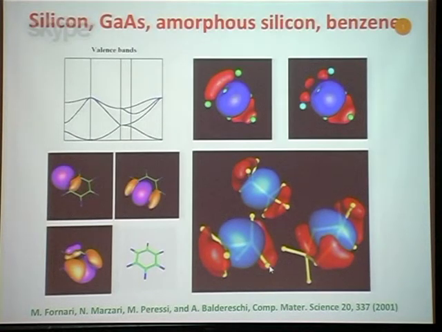And if instead of studying a periodic system, I was studying a molecule like the benzene molecule, and I was doing this localization, I would obtain what Foster and Boys in Cambridge in the 60s had already seen. That is, I would obtain localized molecular orbitals, and the top left, that's benzene, looks like a carbon-hydrogen bond.